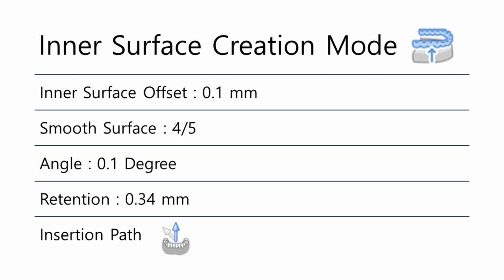The retention slider allows you to set the extent of undercut areas for better retention of the splint. The preview function helps visualize the adjustments before finalizing them. This mode is essential for creating a splint that fits snugly against the patient's teeth.